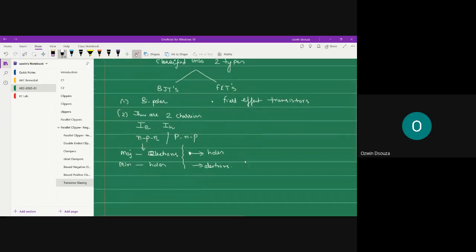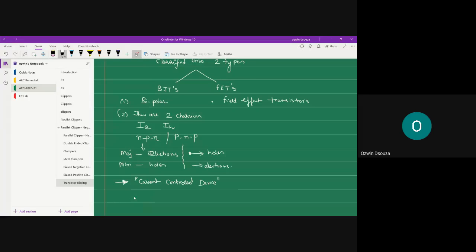I can also bring one important aspect of BJT into your notice, that you can see that the currents are very, very important in case of BJT. So basically, BJT is a current controlled device.